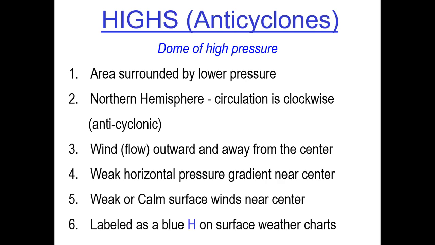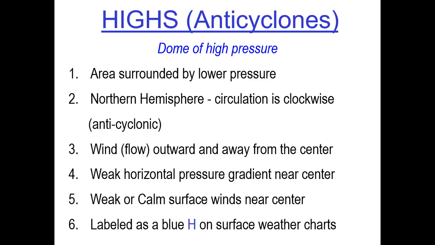Number one, the area around highs is surrounded by lower pressure. Secondly, in the northern hemisphere, the circulation around high pressure systems is clockwise, or anticyclonic. Third, the wind flows outward and away from the high pressure center, right?